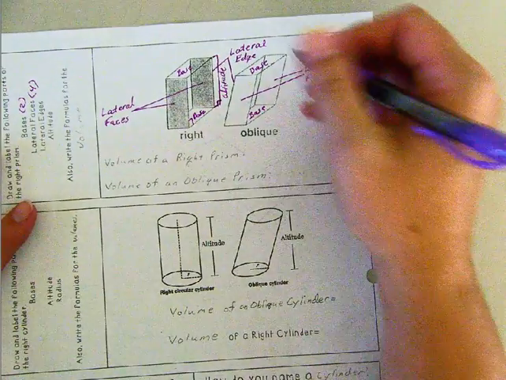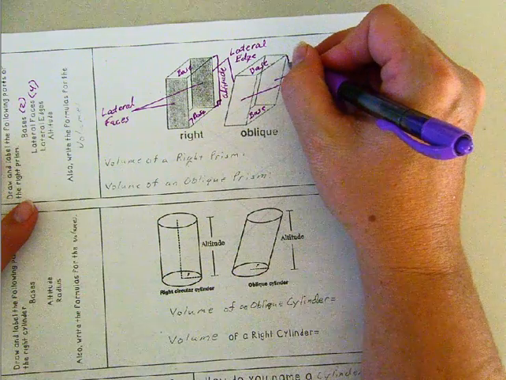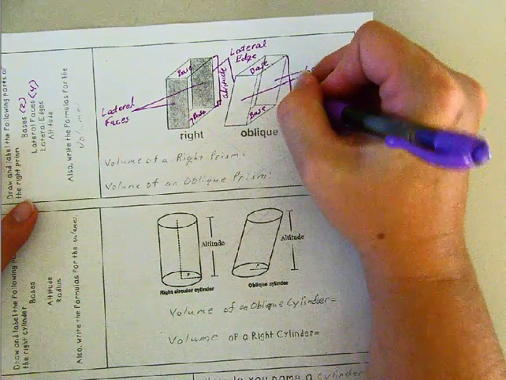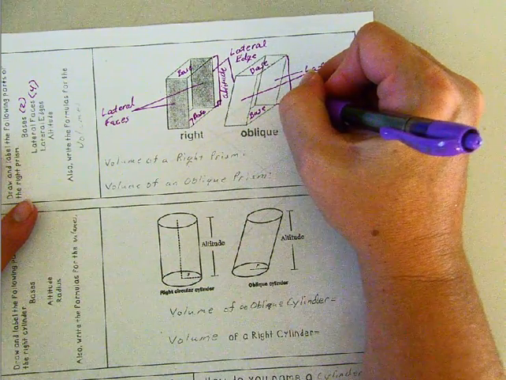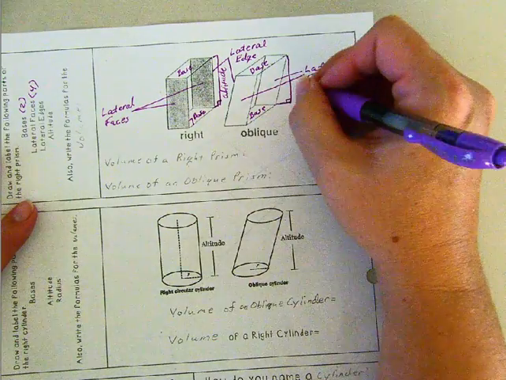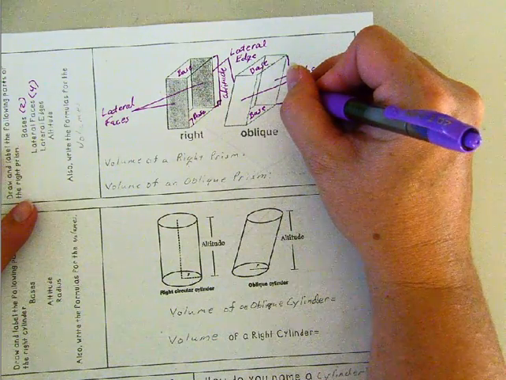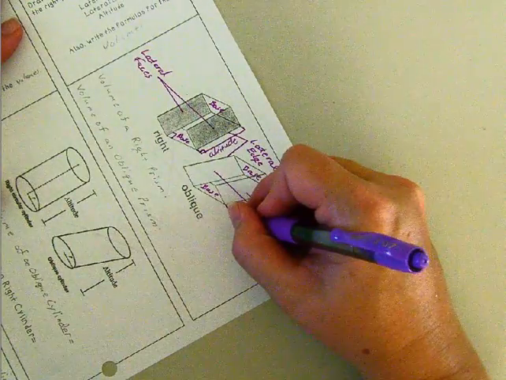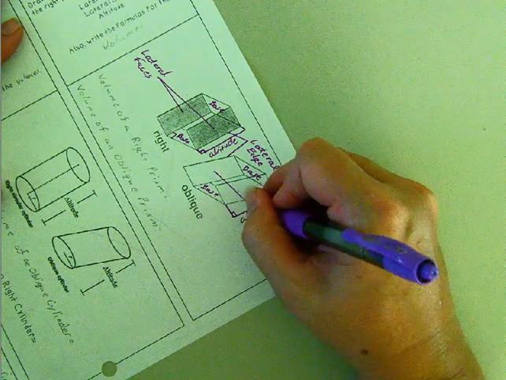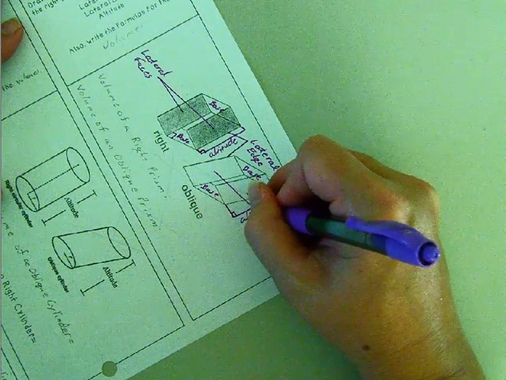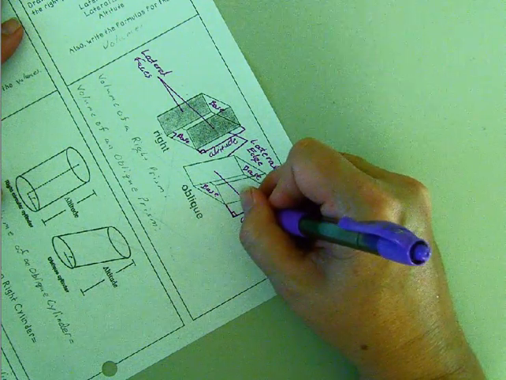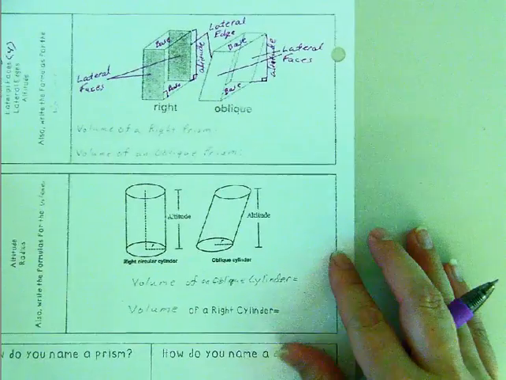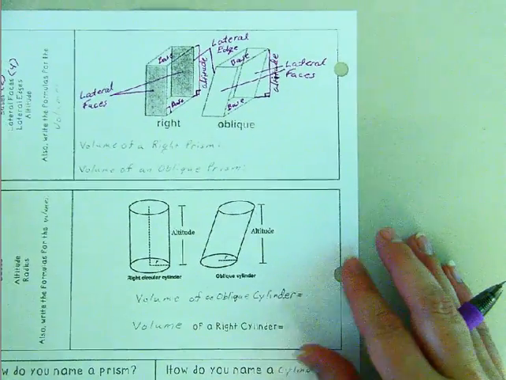We can do the same thing here if we want to come straight down and be perpendicular with our bases. That would be our altitude. Again, I'm going to turn that. Altitude. Okay, so we have the altitude there.